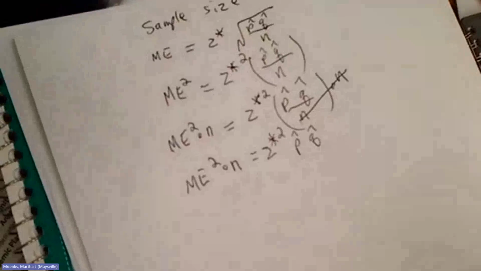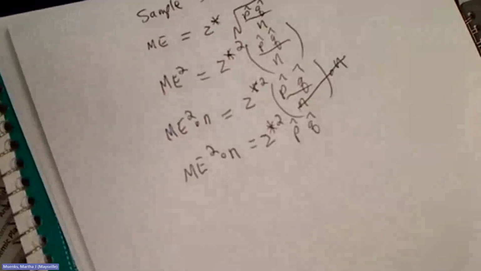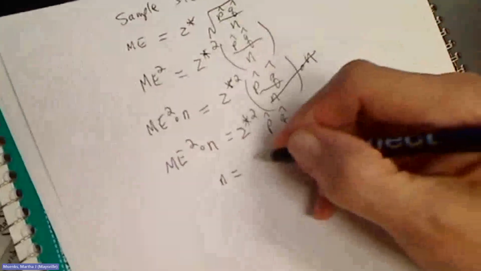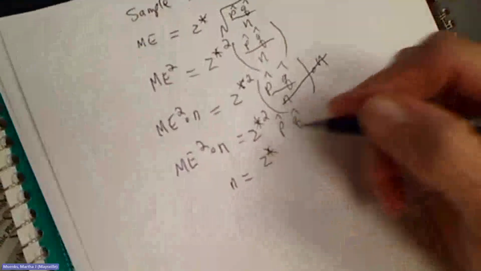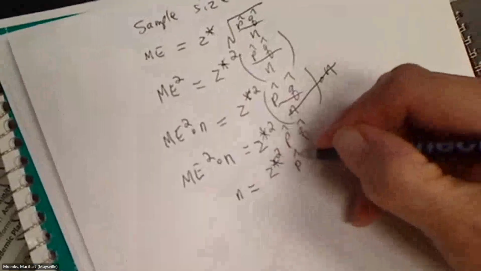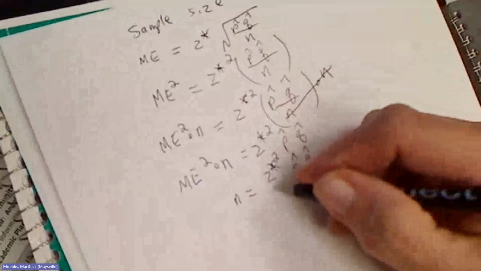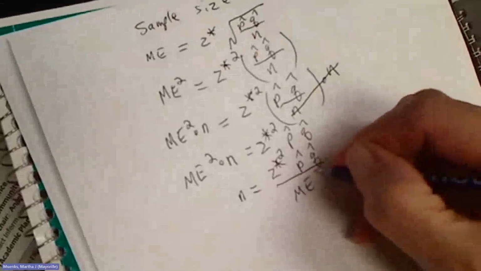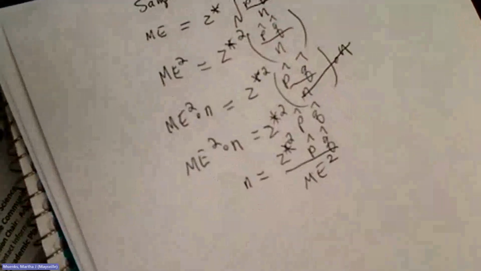And then the final step is to divide by the margin of error squared. So we want to use the formula n equals Z star squared p hat q hat over margin of error squared.